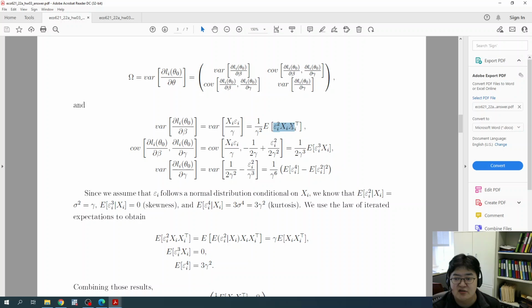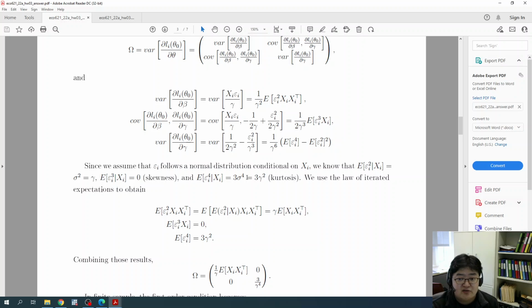You know how to handle this. But we have epsilon cubed, squared, and to the exponent of 4, and it follows from the normal distribution's properties. The normal distribution's third moment is 0, which is skewness. And kurtosis, the fourth moment, is given by 3 times variance squared.